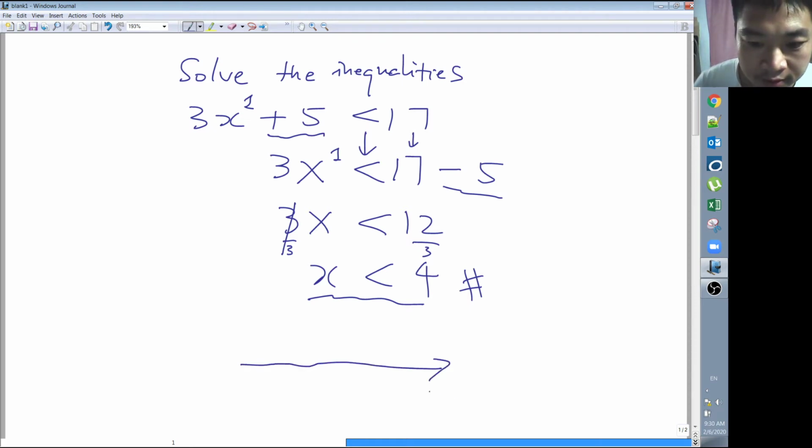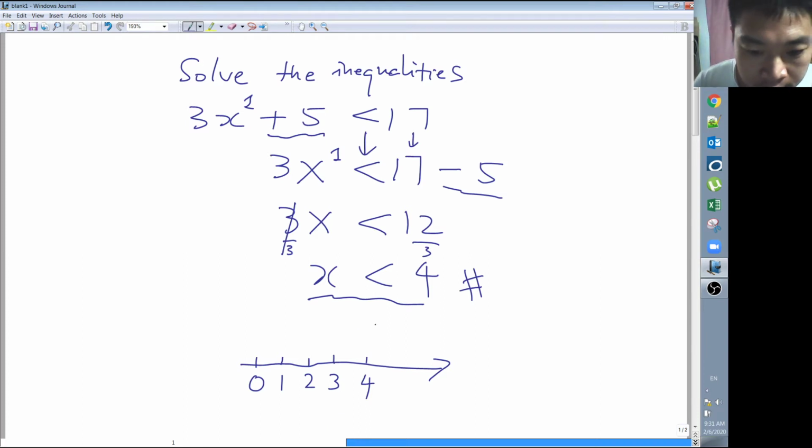Label your 4. In fact, you can label a few, starting from 0, 1, 2, 3, 4.